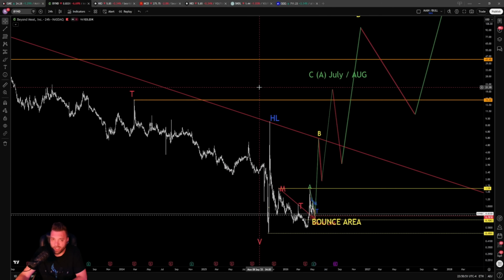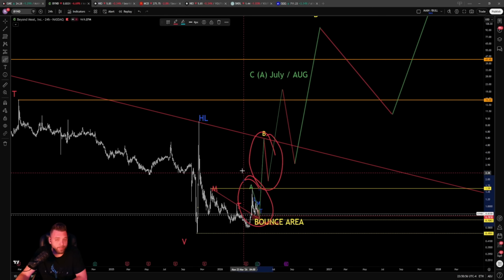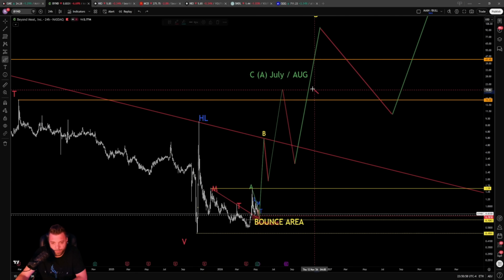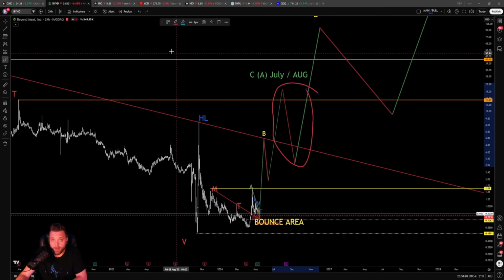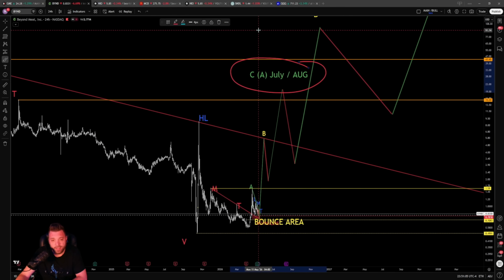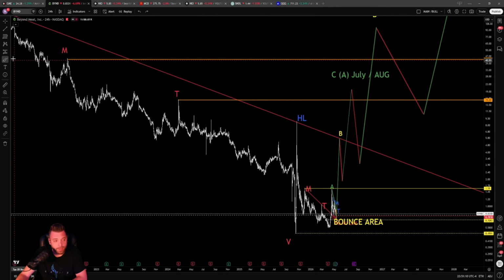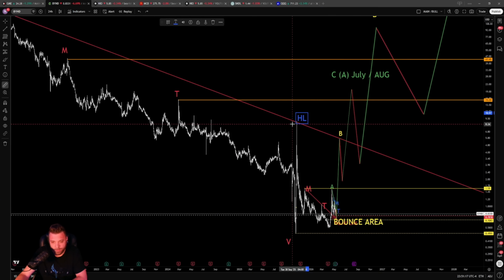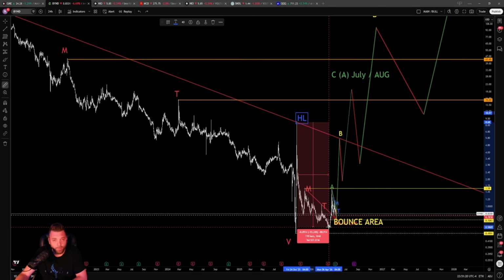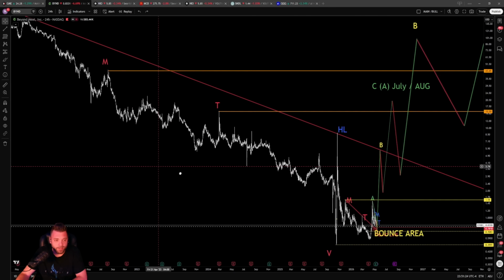Here, it's now changing, because these pullbacks take days, weeks. This pullback here will be longer. Just saying that, okay? This is a main capital. This is main macro A. And if you look back, all our main letters, so the higher low to the V was, let me look, 164 days. The T to the V was 600 days.